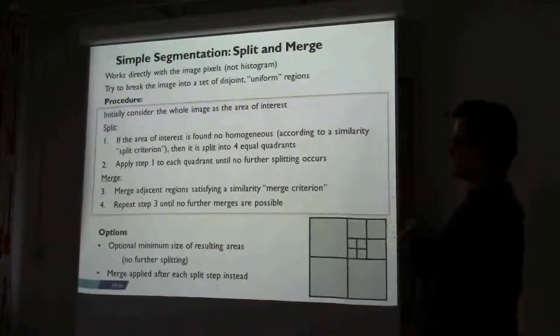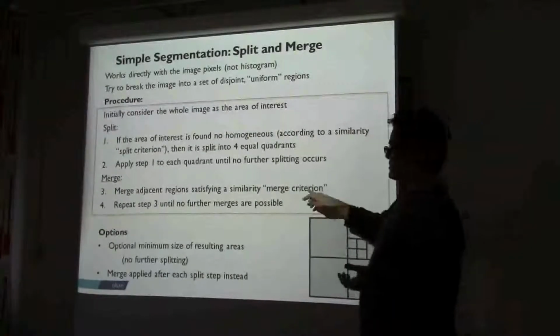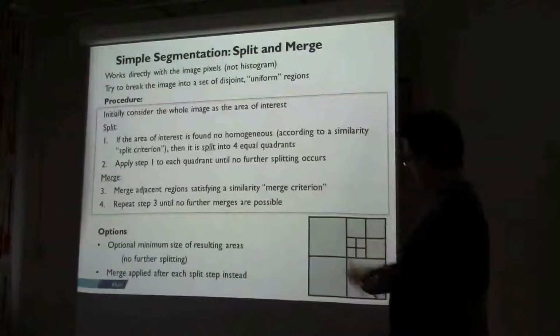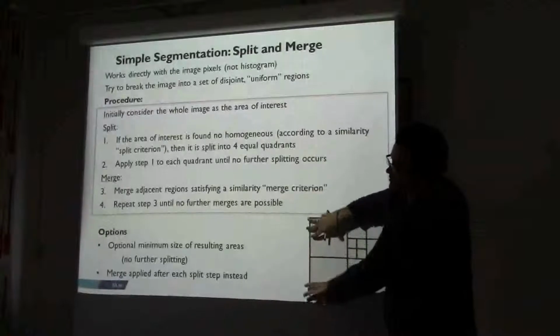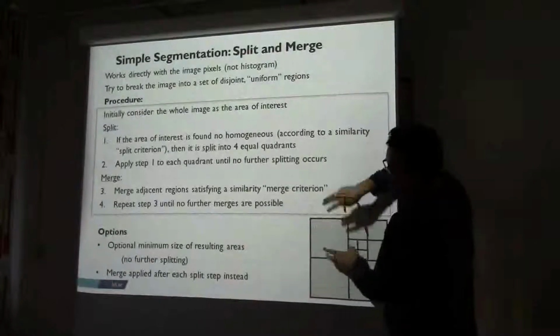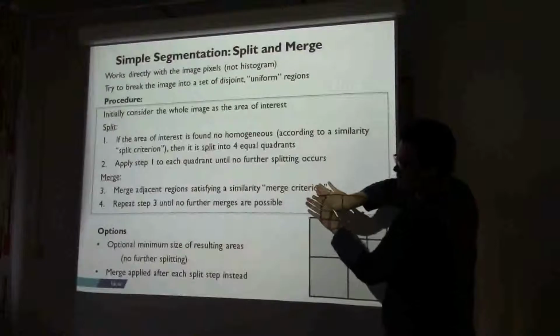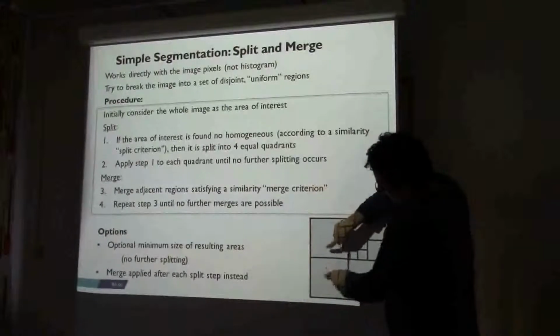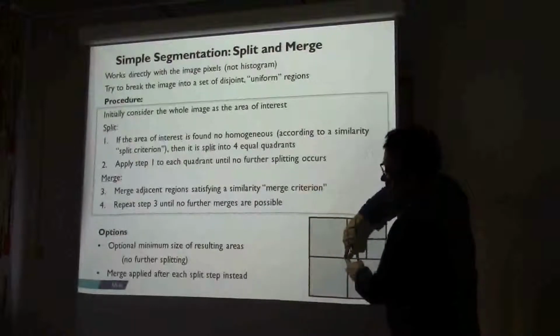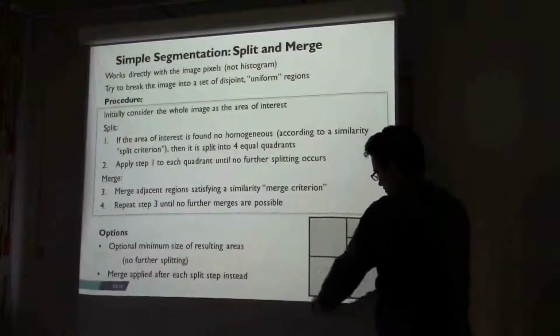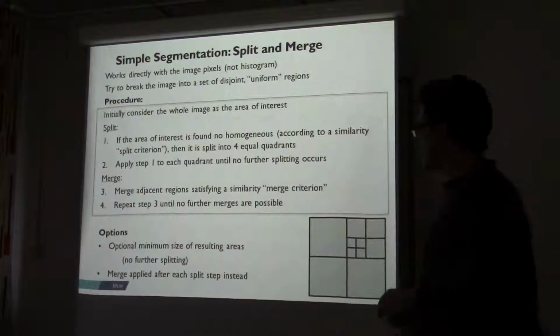Okay? And after that, you apply a merge criteria, because by doing this, maybe this region here and this region here are similar. So then you start to check adjacent regions, and if they fulfill the merge criteria of similarity, then you merge this one, or you merge this one here, whichever.